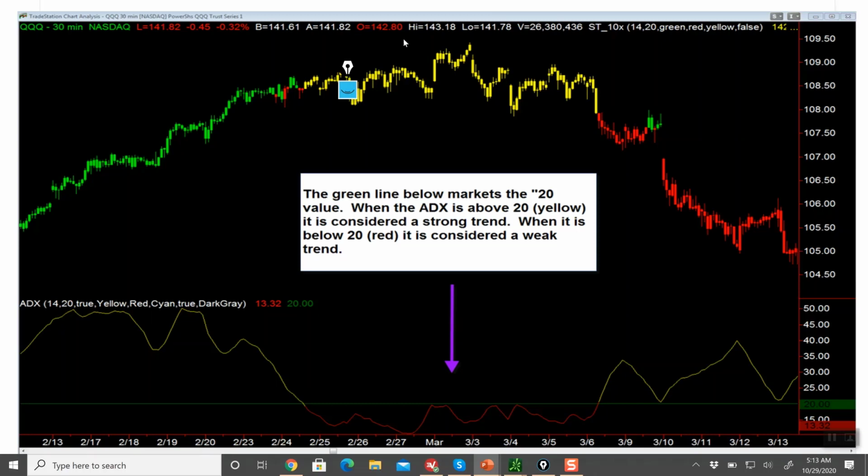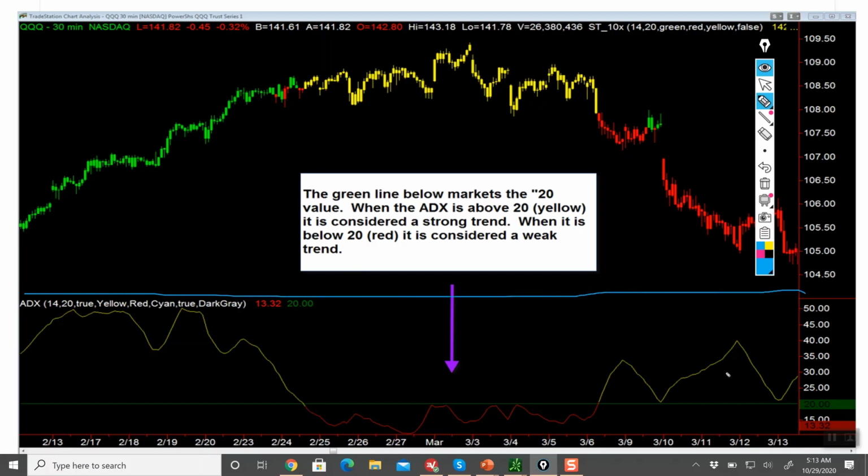So here is this picture of the Qs on a 30-minute chart. It does it pretty well. What we need to focus on right here first, let's go ahead and do the ADX. This lower portion of the box right here, and then this green line right here is the 20 mark. So every time the ADX is below this green line, it is considered to be a weak trend.